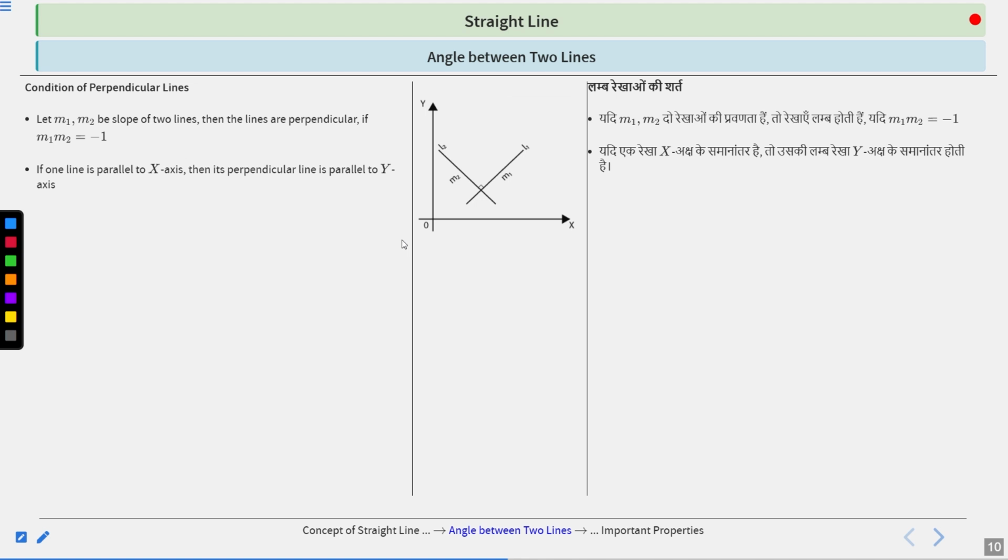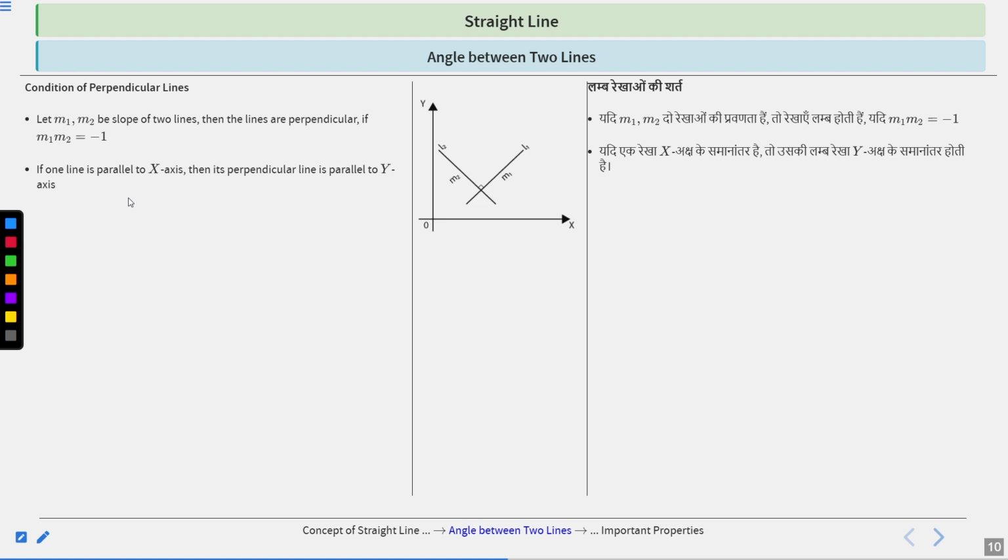So if one line is parallel to the x-axis, which is an obvious thing, then its perpendicular line will be parallel to the y-axis.